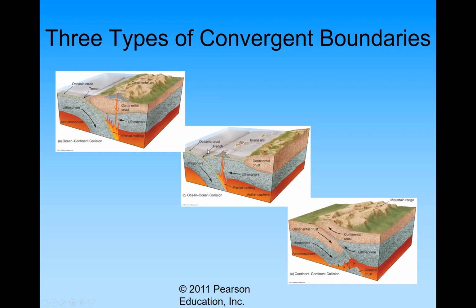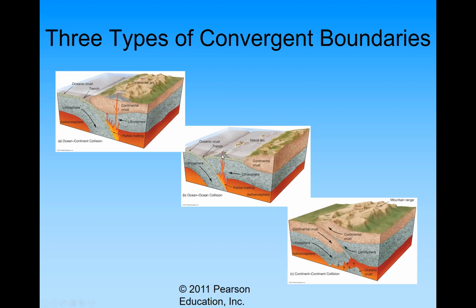Where two ocean crusts meet, again, you have this ocean crustal material being dragged down, and there is again heat being created and volcanic eruptions occurring. But because you have an ocean covering this, these aren't perceived as a mountain range, they're perceived as a series of volcanic islands.